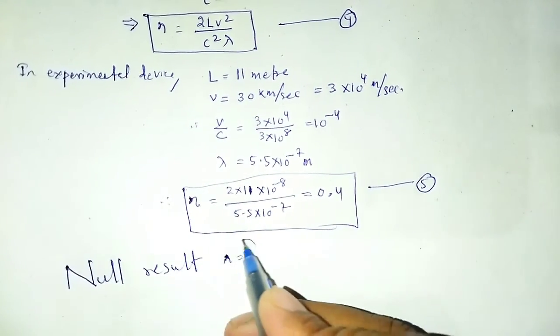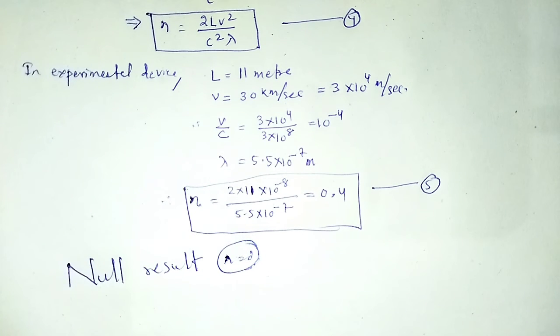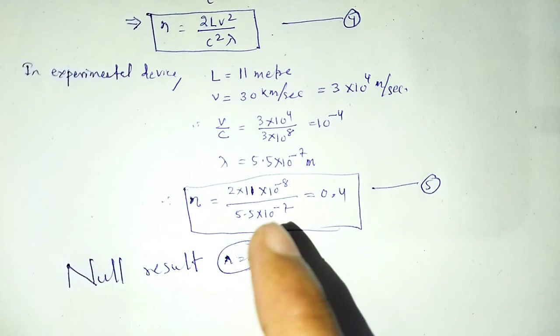Since n is always 0, it was a blow to the ether hypothesis, as we previously assumed that the whole universe, the whole earth, is made up of luminiferous ether. That assumption is totally wrong according to the Michelson-Morley experiment, since we achieve n equal to 0, a null result.